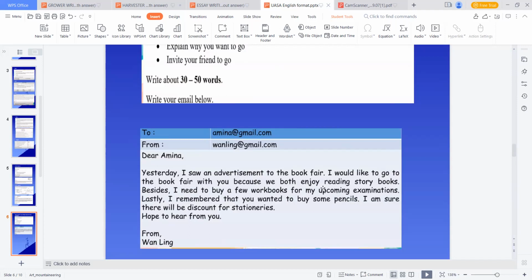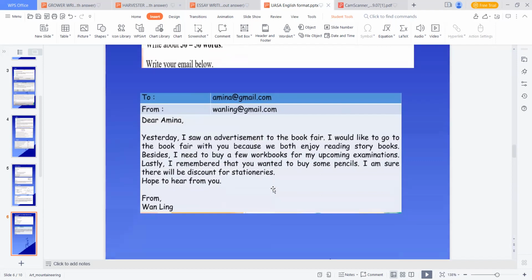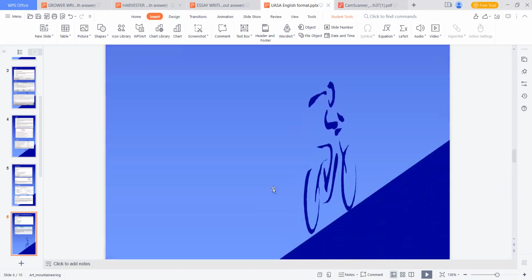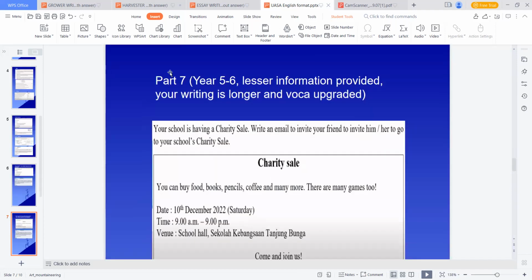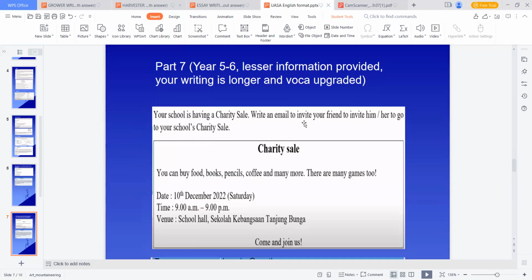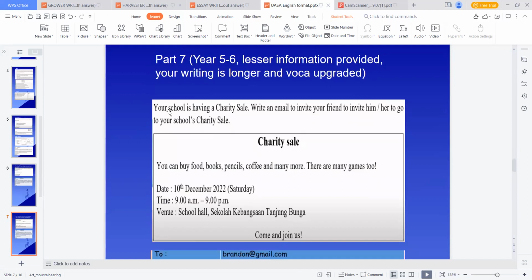And there are some vocabs used here, like book fair, enjoy, remember, discount, stationeries, all this. Now look at another part. Part 7, Year 5 to 6. Lesser information provided. Your writing is longer and vocab is a higher level.